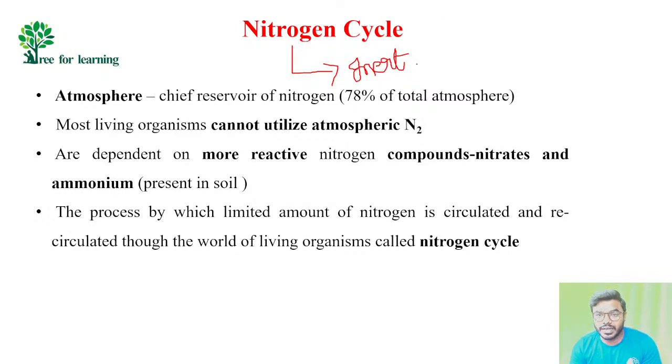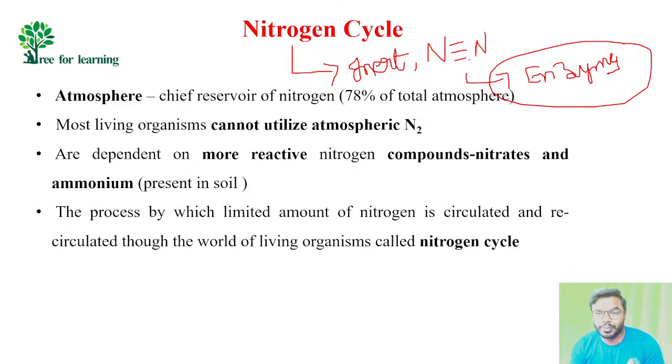In simple words, nitrogen in the atmosphere is in the N triple bond N form. Plants and animals do not have any enzymes to break this N triple bond N. That is the reason animals and plants can't use atmospheric nitrogen. But understand my point correctly.